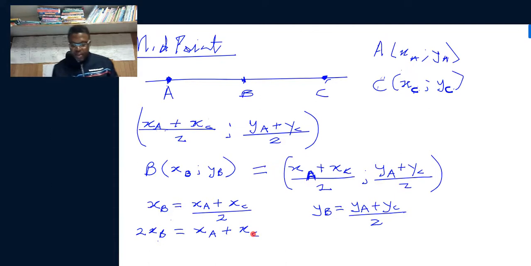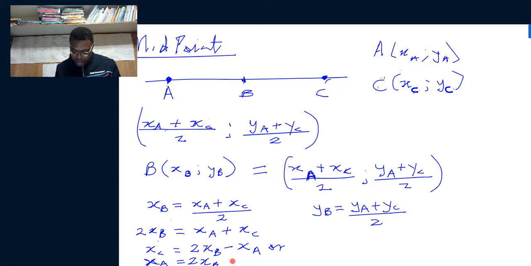Depending on whether they are looking for XA or XC: if they are looking for XC, then XC is equal to 2XB subtract XA, or XA is equal to 2XB subtract XC.